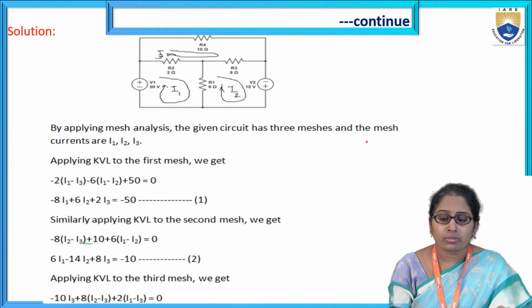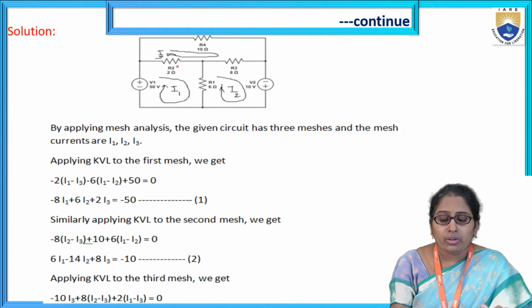Looking at this circuit, this is mesh 1, and then this is mesh 2, and on top we have one more mesh. So there are 3 meshes in the given circuit: mesh 1, mesh 2, mesh 3.